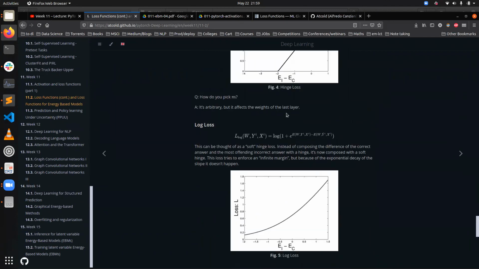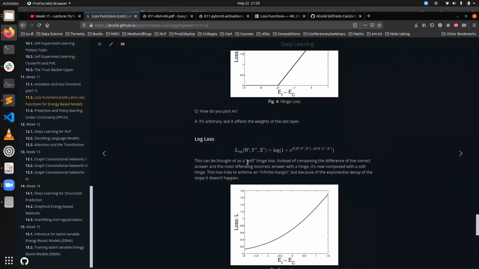Log loss is similar to that. It can be thought of as a soft hinge loss. It tries to enforce an infinite margin. Instead of composing the difference of the correct answer and the most offending incorrect answer with a hinge, it is now composed with a soft hinge.